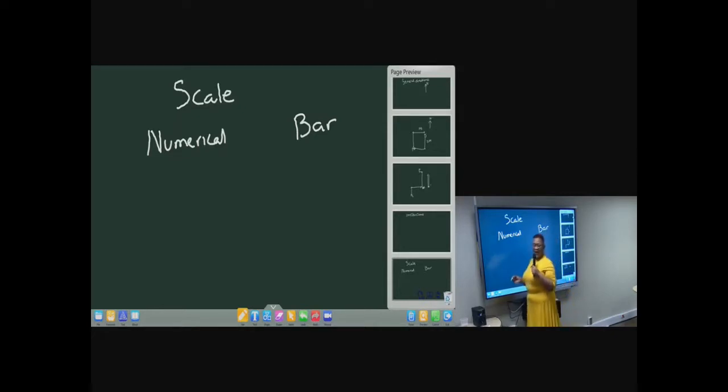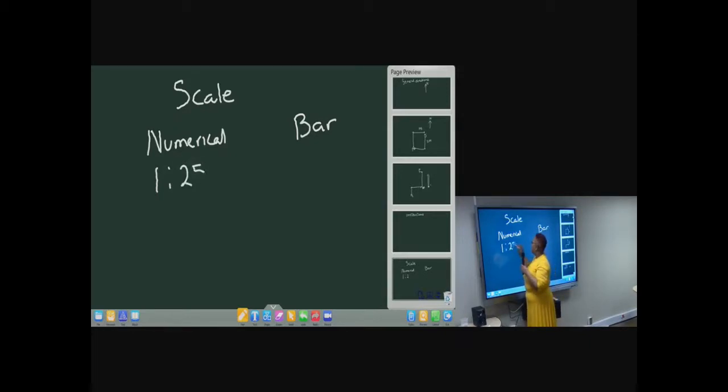A numerical scale is given in the form of a ratio. That's why I thought it was very important for me today to continue, so that you can see what I was talking about yesterday, how it is applied in other situations. So a numerical scale is in the form of a unit ratio. I'll make an example.